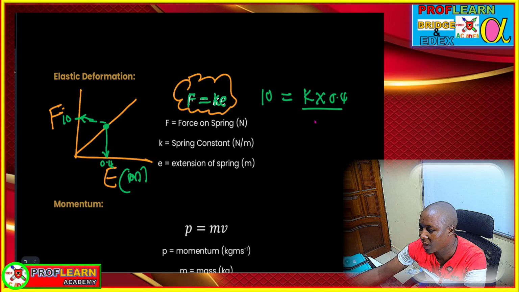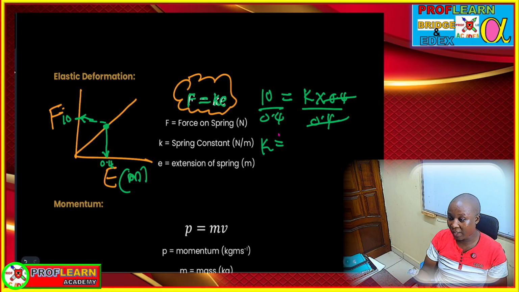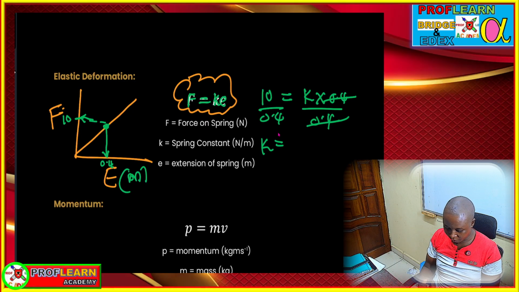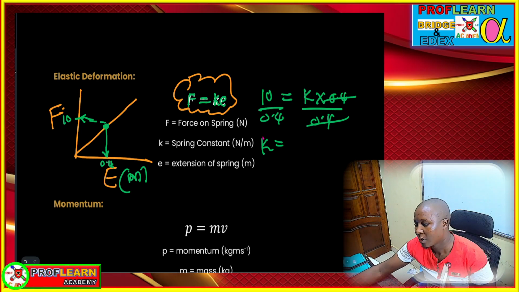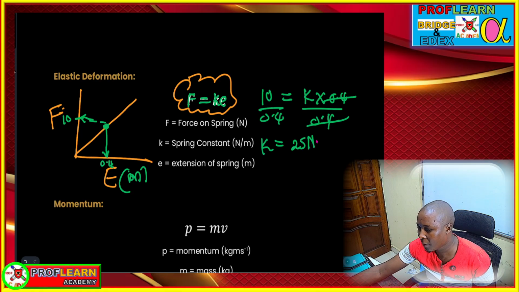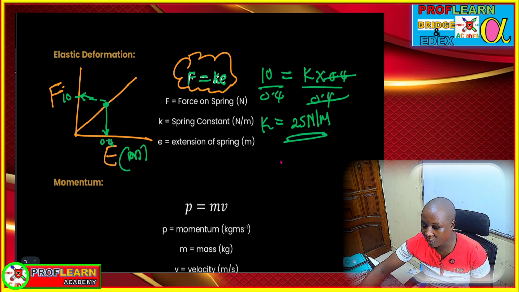Then we divide by 0.4, and K is equal to 10 divided by 0.4. So this is going to give us 25 newton per meter. So this is the spring constant of this.